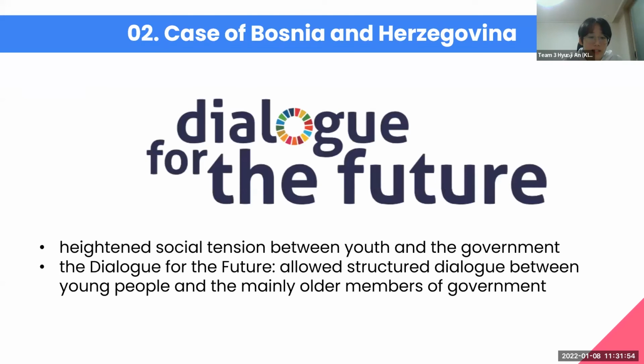In BIH, at a time of heightened social tension between youth and the government, and with considerable residual inter-ethnic divisions, the dialogue for the future program opened up a new form of structured dialogue between young people and the mainly older members of the government about what type of future citizens want for their country, as well as nationwide opportunities to promote intercultural understanding and dialogue. The project went on to support a number of innovative initiatives that correspond with this vision.